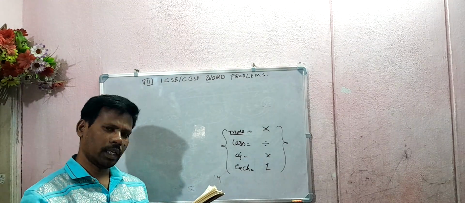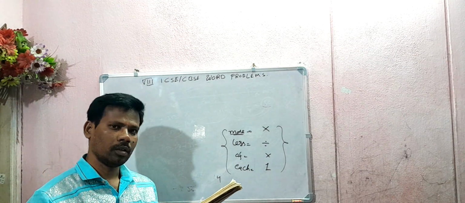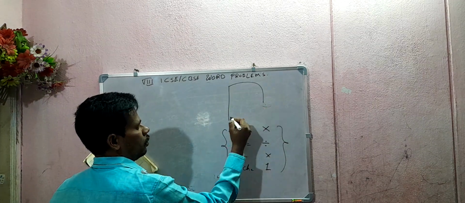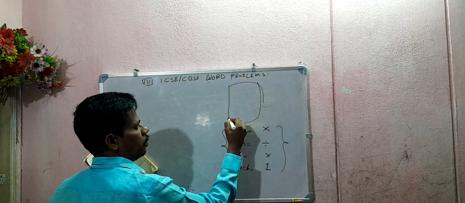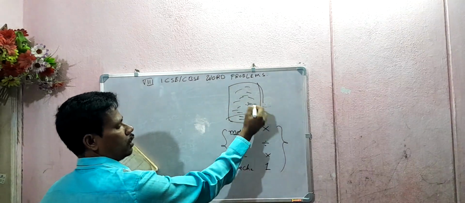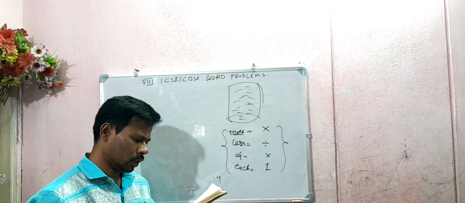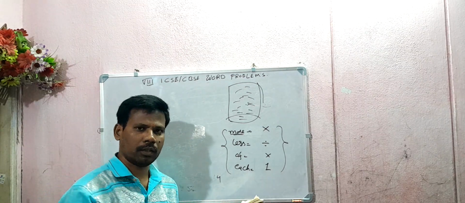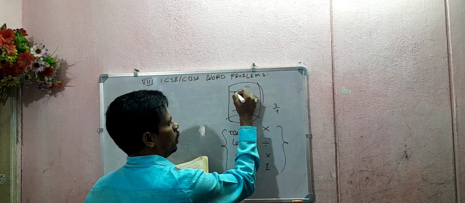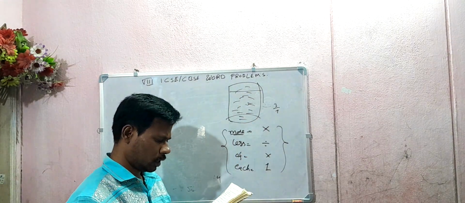A drum is there. In that, 3 by 7 of the water is poured. Look at this diagram carefully. This is the drum. Water is poured. How much? 3 by 7 is full. That means up to here, something like that.